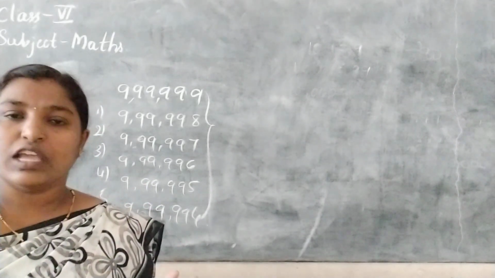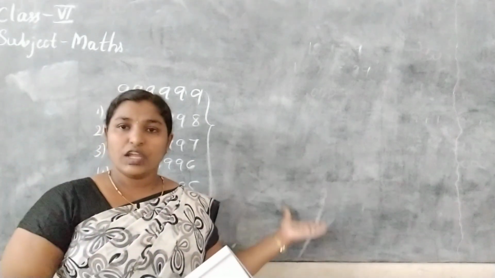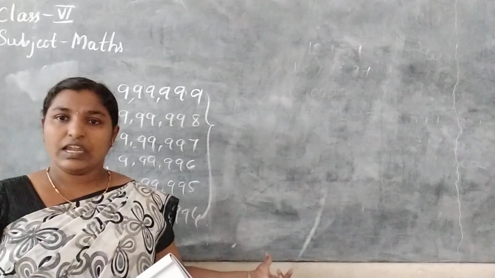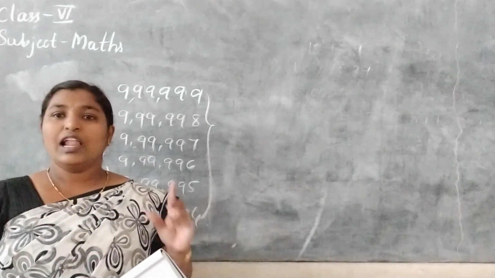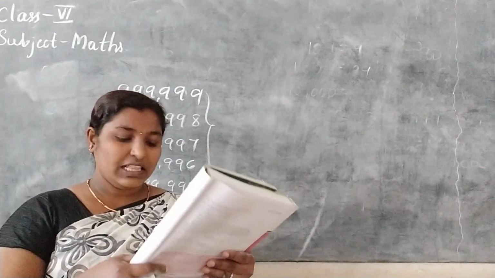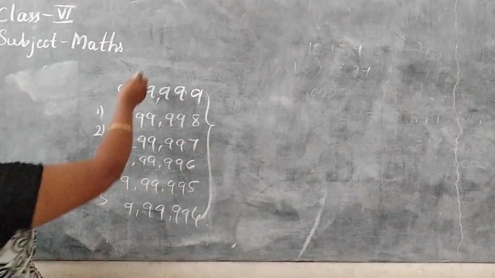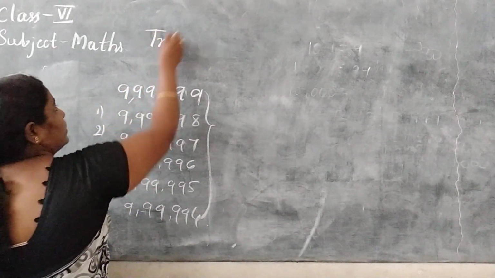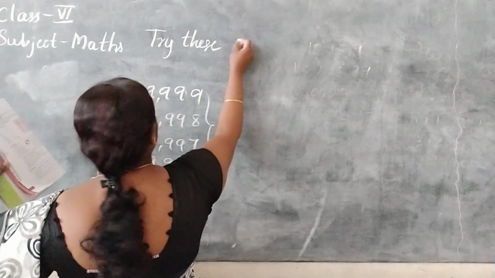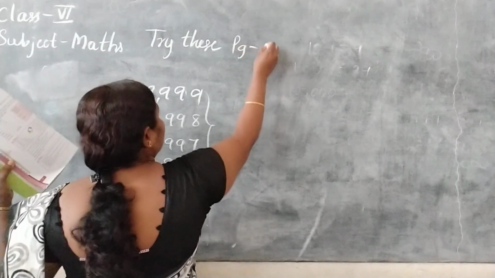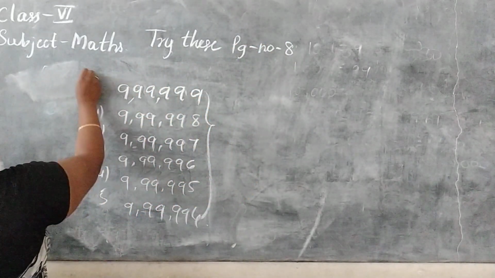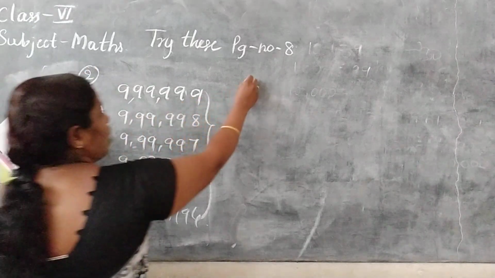So whatever I write on the board, you can write anywhere, and it will help you while doing homework. This is Try These, page number 8. The first one I explained, this is the second one.